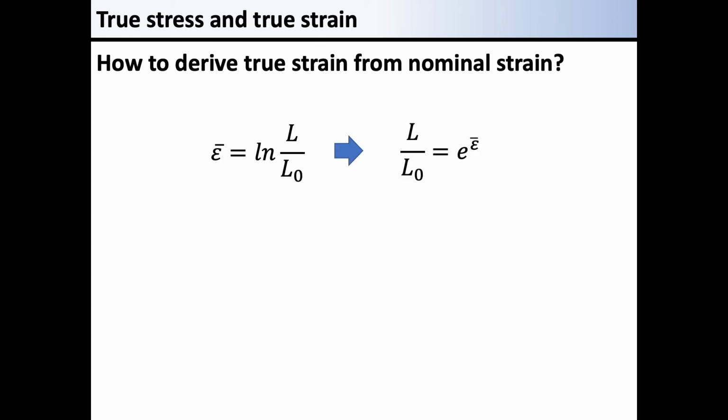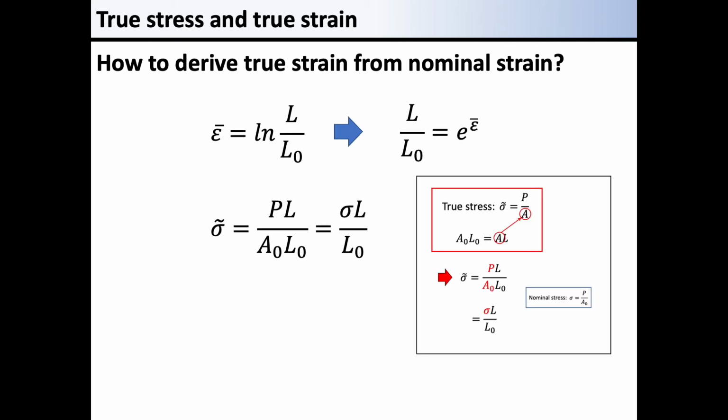Then, the equation that defines true strain includes log. Thus, the relationship is obtained by using exponential. We now recall that the true stress could be written as sigma L divided by L0, which has been derived under the assumption that the volume is constant.